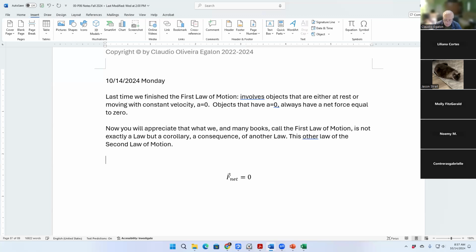The second law of motion states the following.